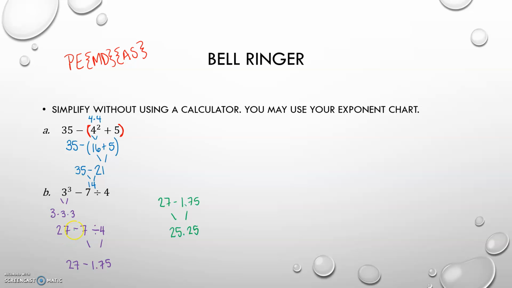And a mistake a lot of people will make is that they do 27 minus 7 first instead of doing the divide first. And so they get 20 divided by 4, which is 5. And that's wrong. That does not give us the same answer. And so that's why it's super important to follow the order of operations.